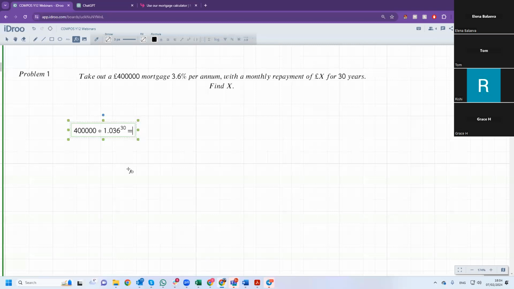Perhaps you want to divide by 30, or divide by 30 times 12. Divide by 30 and divide by 12. Okay, let's try that. 400,000 times 1.036 to the power 30 divided by 30 divided by 12 is 50,000.